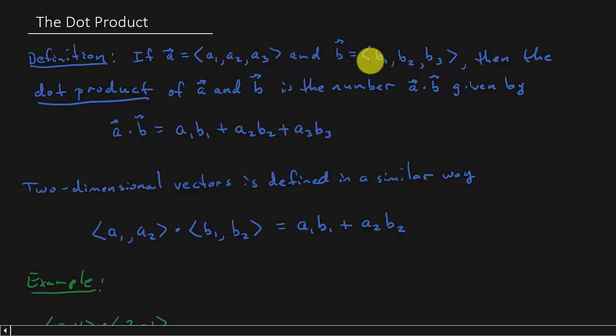So we multiply the first components, plus the second components, plus the third. For two-dimensional vectors, it's defined in a similar way: A1 times B1 plus A2 times B2. So that's the dot product. Basically, you have to know how to multiply and add.